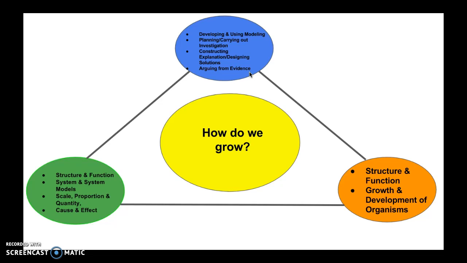What would be the problem if the right hormone or the right signaling molecule were not activated? How would that either increase the growth rate, or how would it maybe prevent the cells from growing or an organism from growing? So all of this helps to answer the question of how do we grow, and as you can see, we used all three parts of our 3D learning model, and we tied them all together into answering the question of how do we grow.